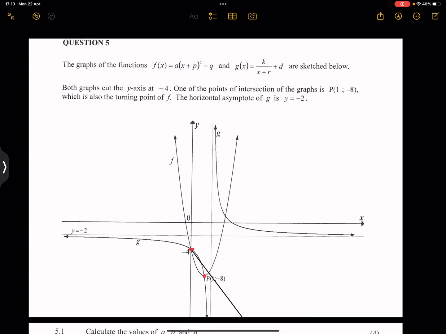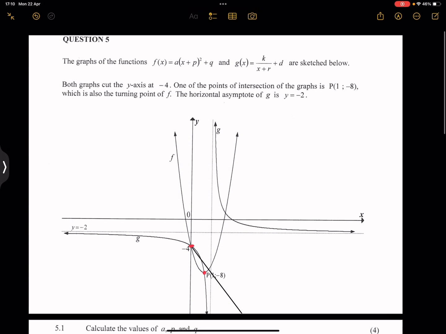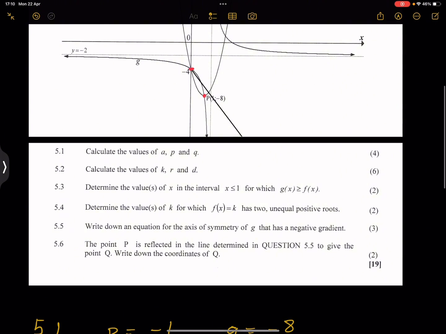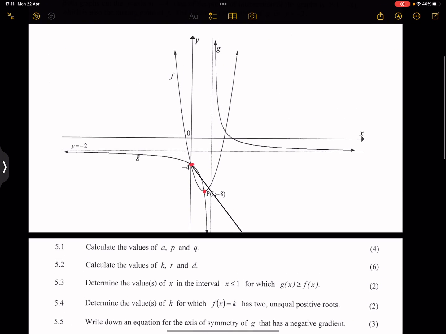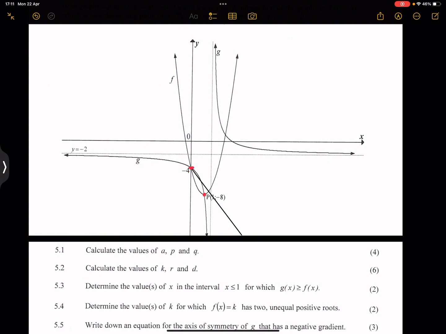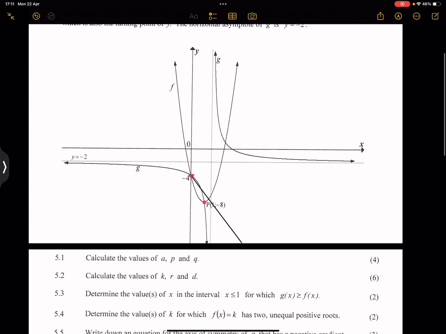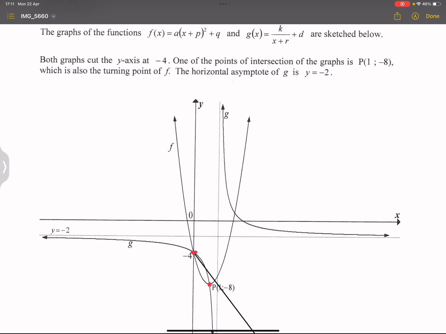All right, so the next question, they say determine or calculate the values of k, r, and d. So firstly, let's look. We know the horizontal asymptote is y is equal to -2, right?